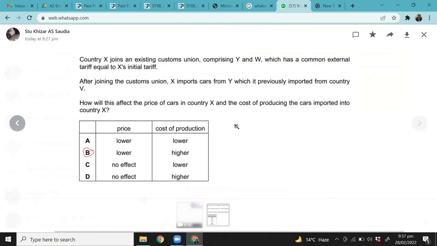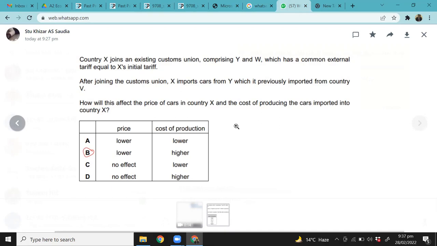Country X joins an existing customs union comprising Y and W, which has a common external tariff equal to X's initial tariff. After joining the customs union, X imports cars from Y, which it had previously imported from country V. How will this affect the price of cars in country X and the cost of producing cars imported into country X? Right? So, common external tariff. Now there's no tariff, right?